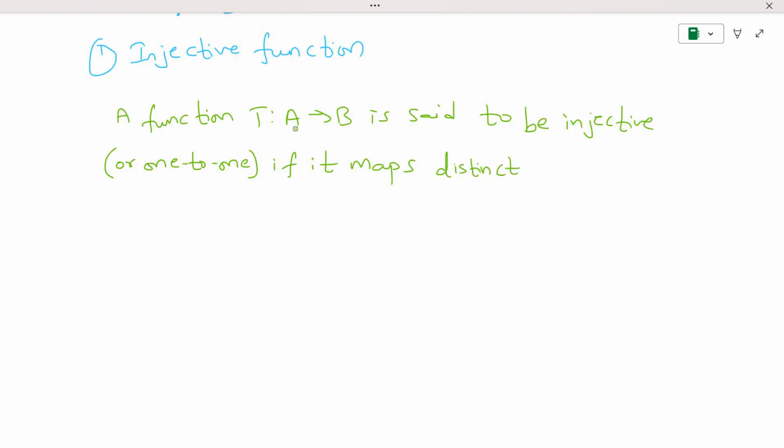So here basically A and B are two sets, and it is forming a function from A to B. So the set A is called domain and set B is called codomain.